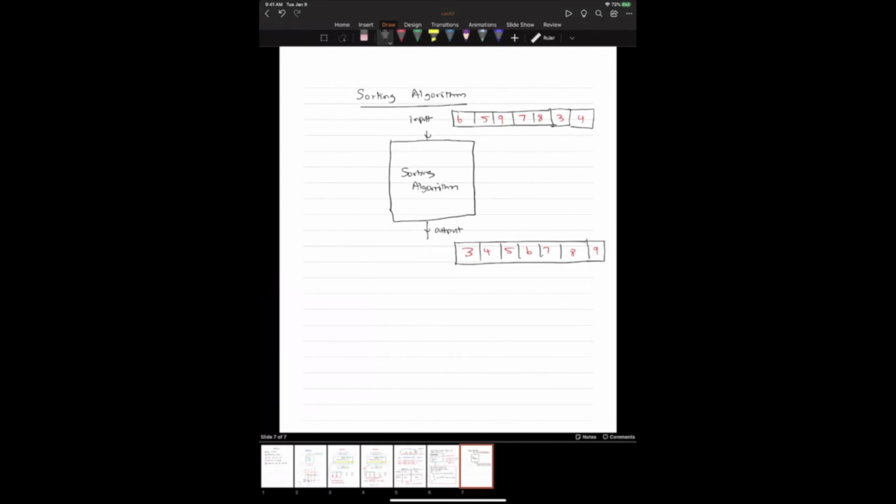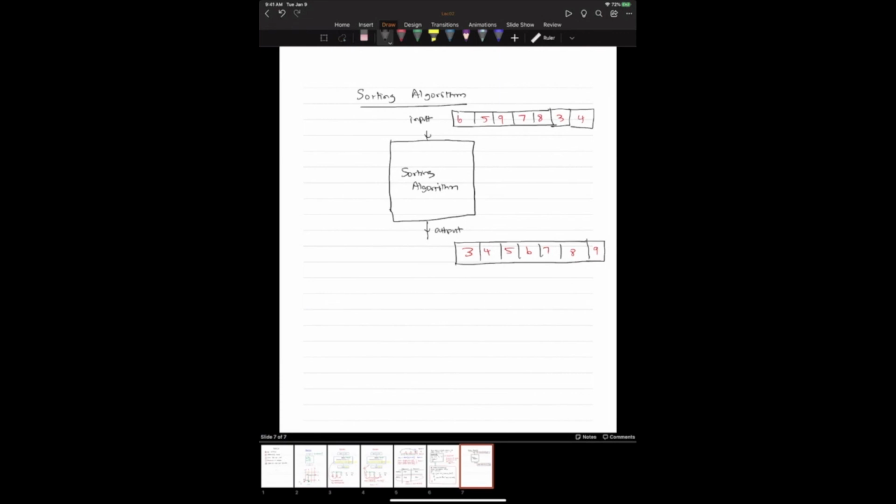Yes, go ahead and ask. Would you first have to list all the integers in the program, and then write the algorithm? Well, let's think like an algorithm. Yes, you have to assume it is integers.